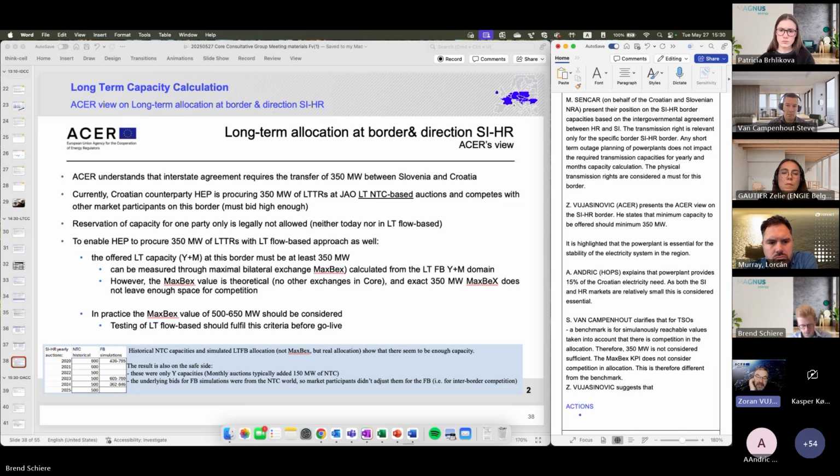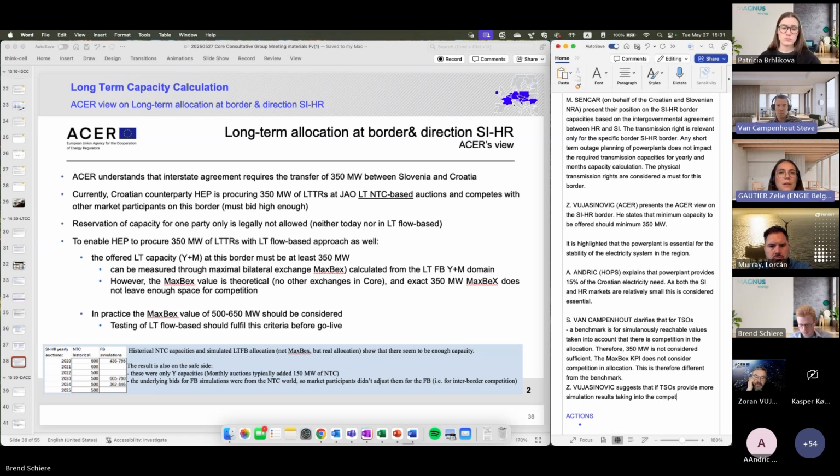My gut feeling is that, coming back to max BEX, if we see some thousands, then we should not be worried that there is no sufficient capacity, because it is still an indicator of possibility, and if it's quite stable above the minimum value, I think it should be sufficient. But it's indeed now on TSOs to test a bit more and to see for different bidding strategies, for different years and different capacities, whether there's sufficient capacity on this border.